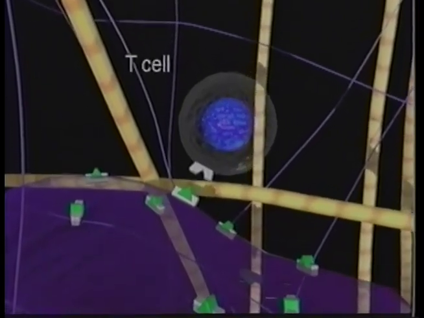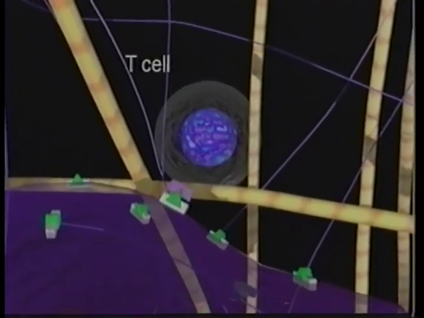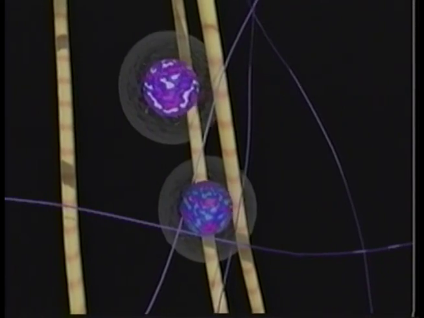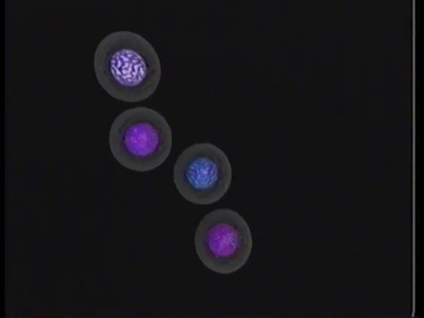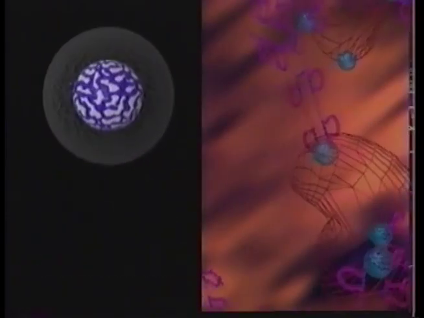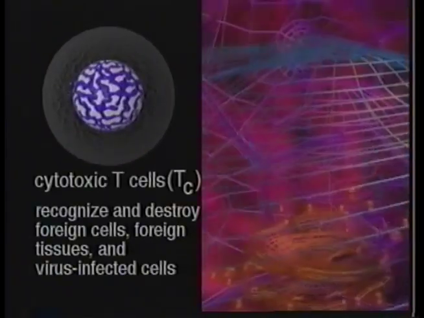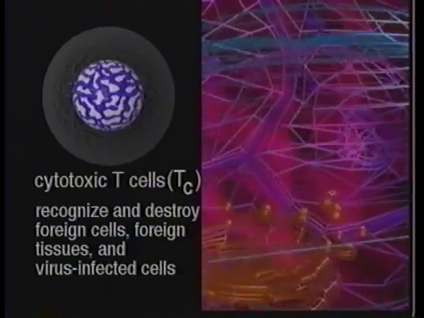T cells recognize the combination of the MHC molecule and an antigenic fragment and are activated to multiply rapidly into an army of specialized T cells. One member of this army is the cytotoxic T cell. Cytotoxic T cells recognize and destroy foreign cells and tissues or virus-infected cells.